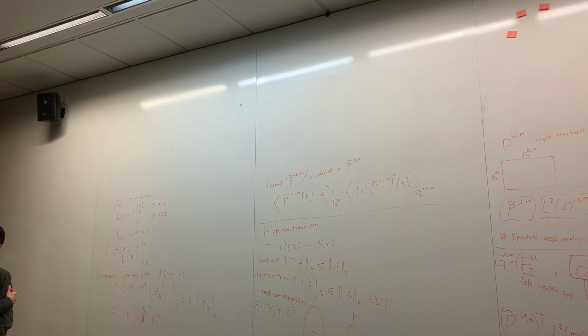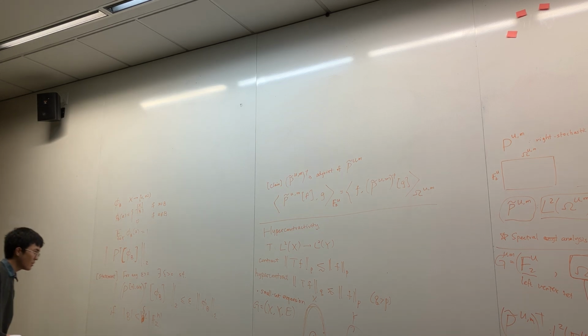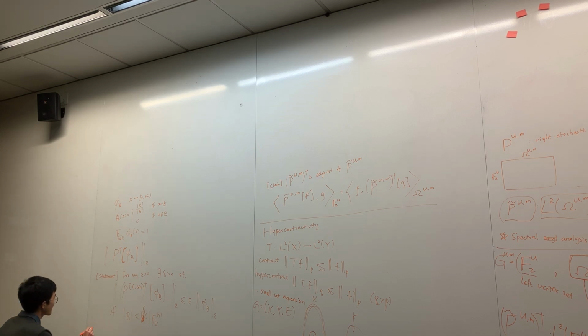Any questions? You're not saying anything about hypercontractivity; you wrote the same 2 norm for both. Yeah, so I'm going to say how hypercontractivity can help you prove small set expansion. A hypercontractivity statement, on the other hand, so this is small set expansion, but what is hypercontractivity?